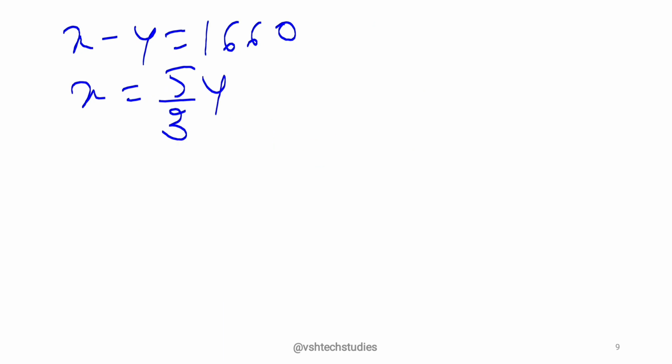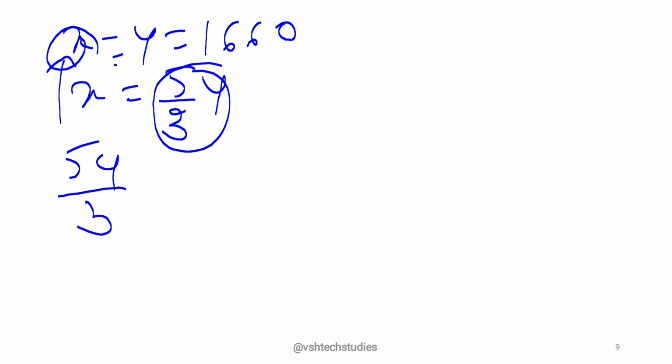Now taking the two equations, x is 5y by 3. 5y by 3, this minus y as it is, is equal to 1660. So here y divided by 1 is there. So 5y by 3 minus y by 1 equal to 1660.